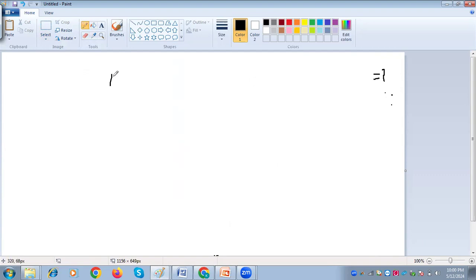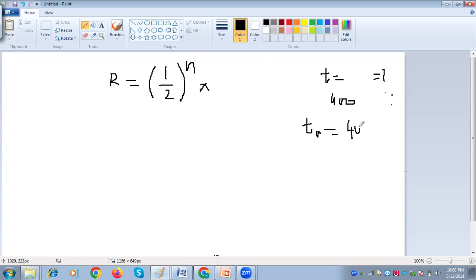We will write remained, R, equals to half raised to the power n, where n is 2, into what was present initially. At t equals to 0, there were 400, and that includes the background count. So the actual count at t equals to 0 is 400 minus B. Background is to be subtracted to know the actual count.